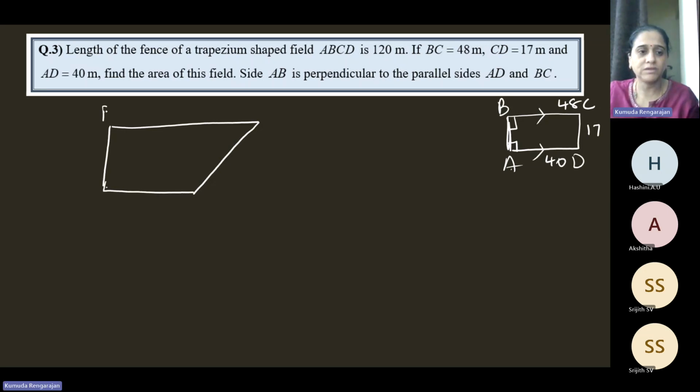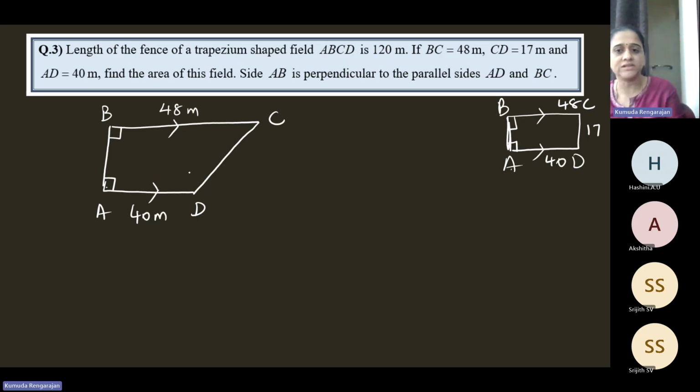So B, A, D, C, parallel sides, 90 degrees because perpendicular, 40 meter, 48 meter, CD is 17 meters. Got it? So this is the trapezium. This is how we draw. First, you just draw a rectangle or a square and incorporate all the information given. Then using that, you draw the main figure.